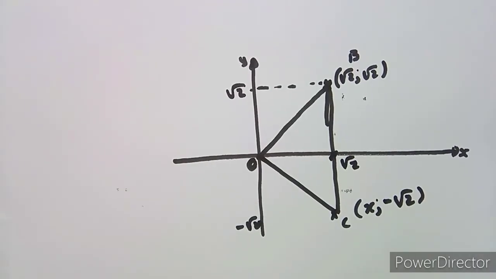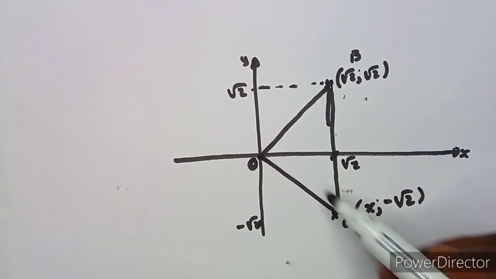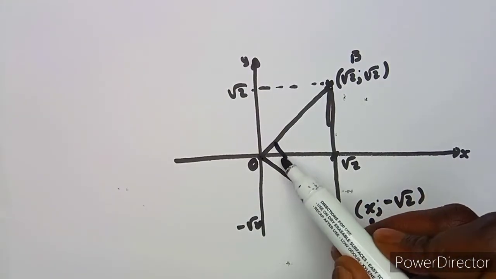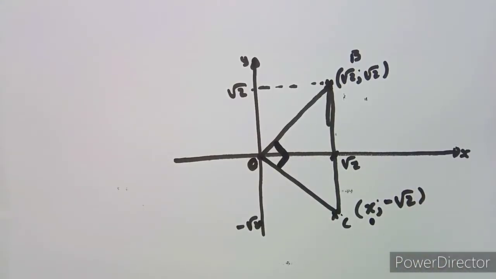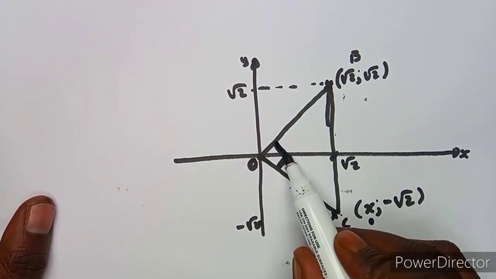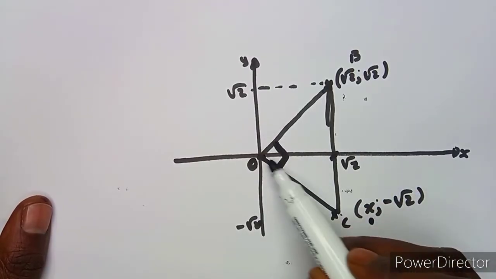Okay. So the question is, we want to prove that this x here is equal to square root of 2 if angle BOC is 90 degrees. If this is 90 degrees, what does that mean to you? It means that, because 90 degrees means perpendicular, this line here, OB, and this line, OC, their gradients must give us -1.